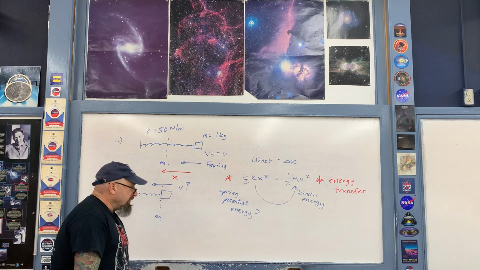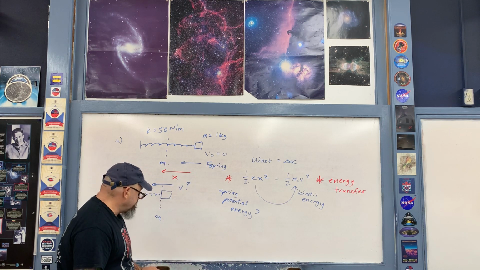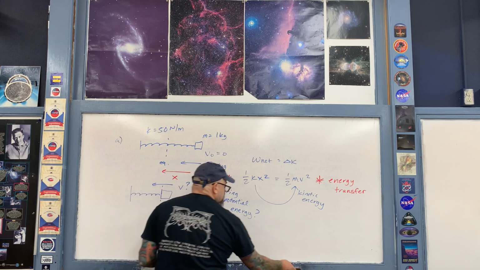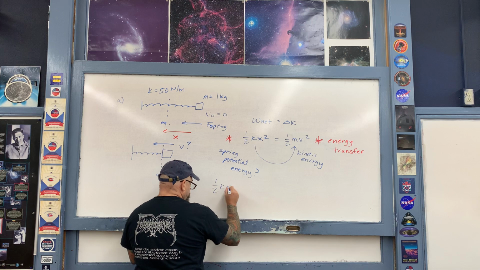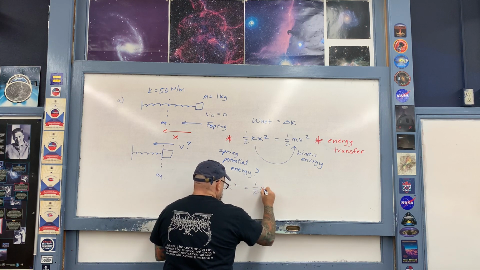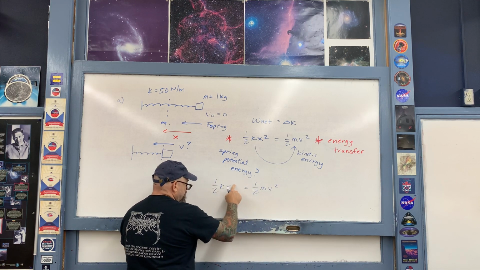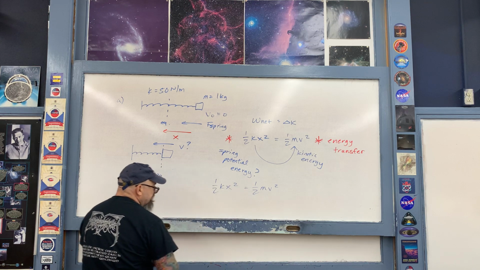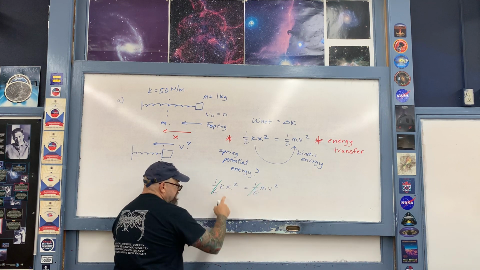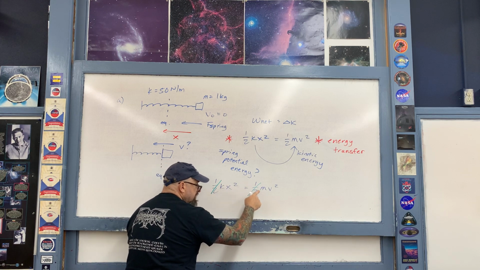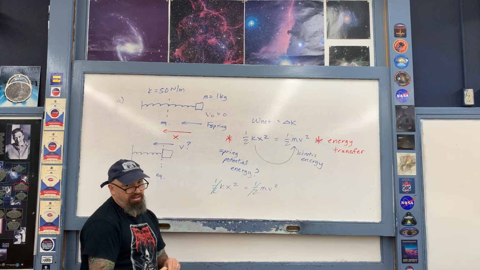Okay, now mathematically, what we have to do here is just solve for the speed v. So let me just rewrite the expression here, like so. And now let's go ahead and solve for the speed v. First of all, the 1/2s cancel out here and here. But notice that the spring constant k does not cancel, nor does the mass m cancel.